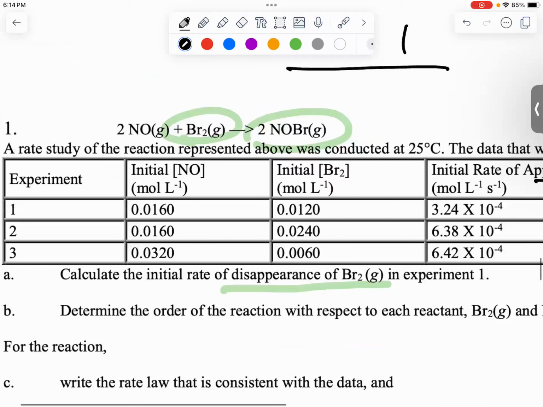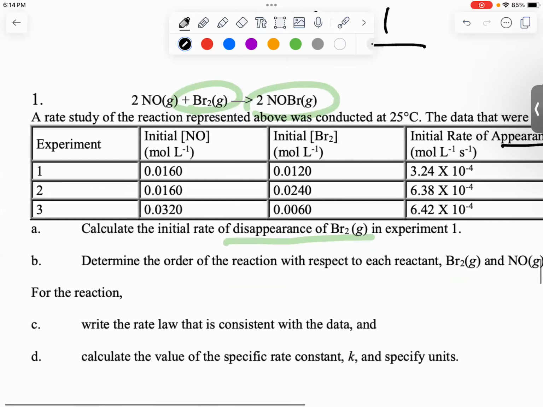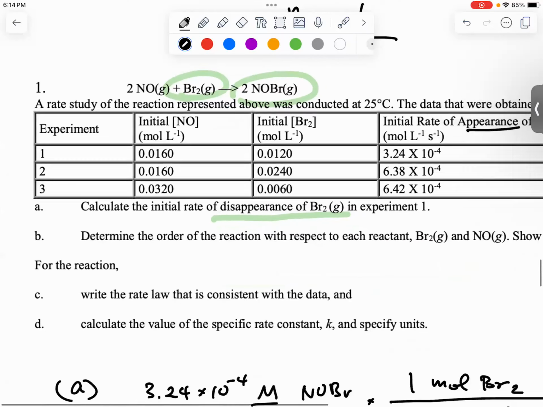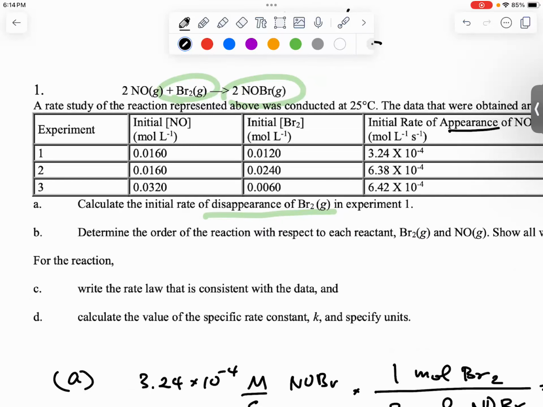But now, what's the dilemma right here? For Br2, we picked experiments 1 and 2 because the NO concentrations are the same. But we don't have two experiments with the same concentration of Br2. So what do we do? For experiments 2 and 3, there's no pattern.